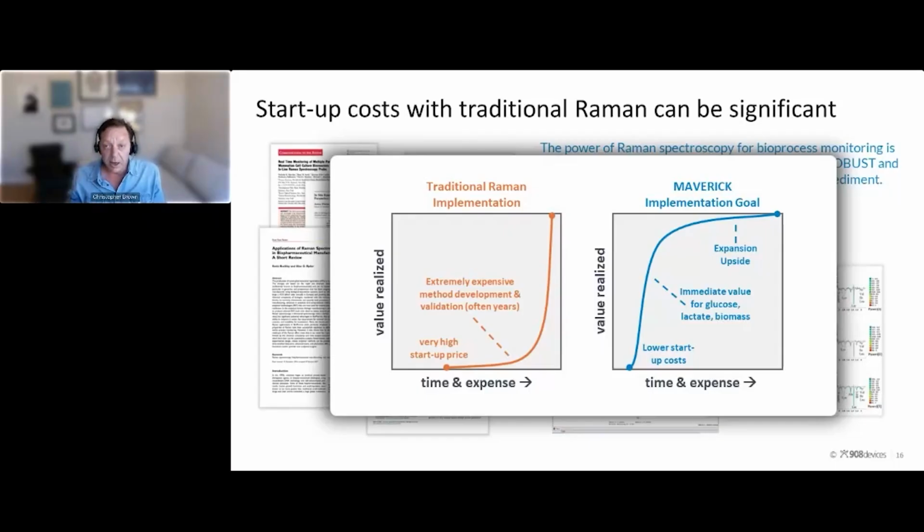So we are aiming for a more manageable entry price for the platform, but then also providing immediate value for glucose, lactate, and biomass, allowing people to realize value right off the bat while they're still maybe collecting some additional data, and perhaps with some extended modeling offline, they can get further upside from the platform in the future. So we're trying to really change the value curve with Maverick, providing a lot of turnkey capability.